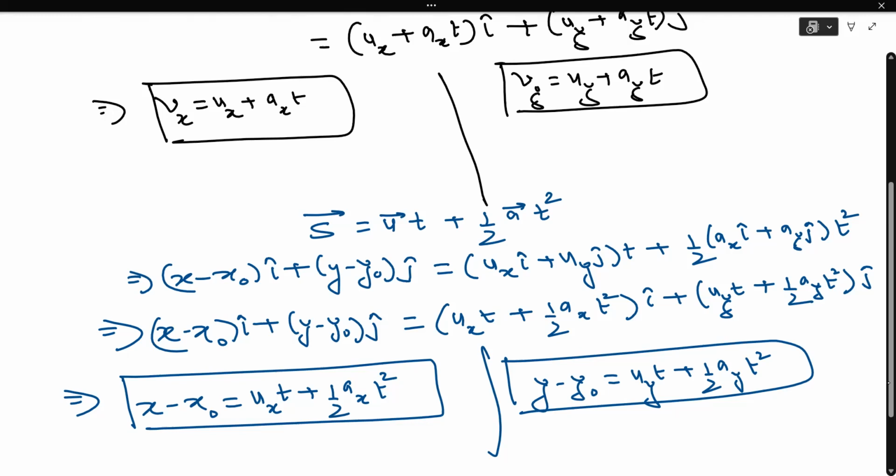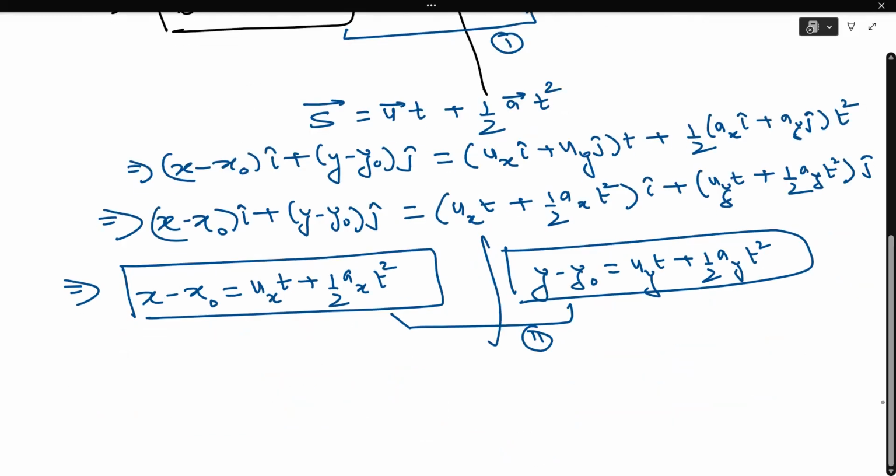Understood? So if I call these two equations set 1, and these two set number 2, from 1 and 2 what can we say? If I eliminate t, from 1 and 2 what will we get?